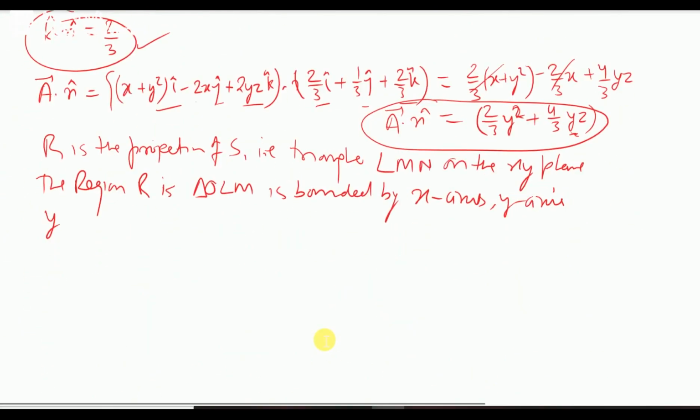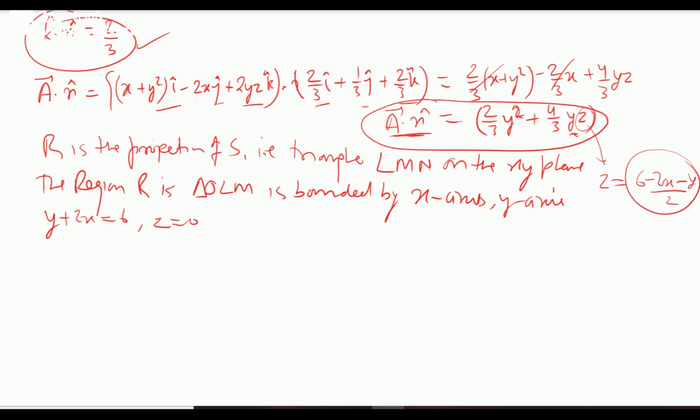So here we can say 2y plus 2x is equal to 6, and z is 0 on that plane. When we evaluate a dot n, we get z. The value of z from the equation of the given plane is z equal to 6 minus 2x minus y upon 2.